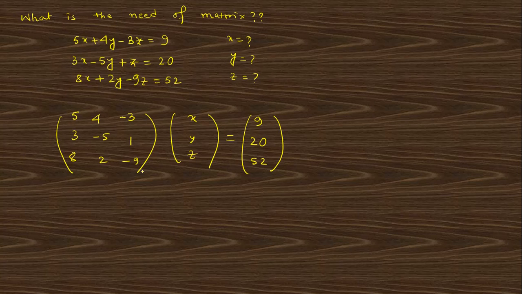This is a matrix 3 by 3. What is 3? This is the number of rows: row 1, row 2, row 3. And these are the columns C1, C2, C3, that is the number of columns. So this is the order. Actually, this 3 by 3 is the order of the matrix.